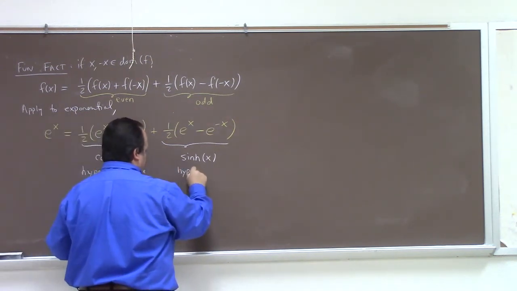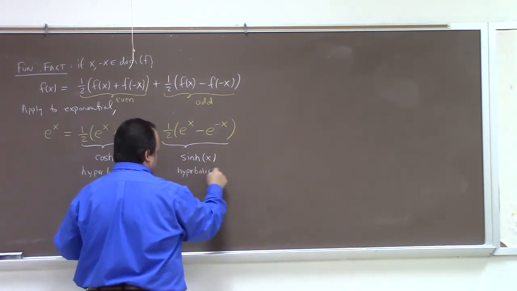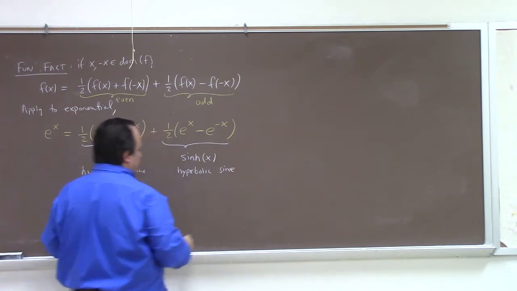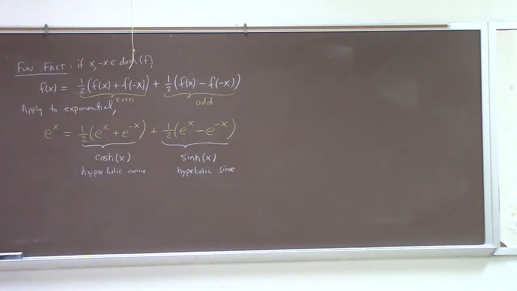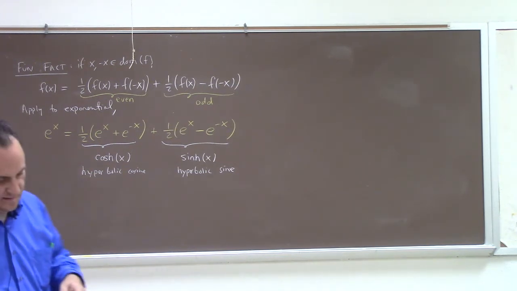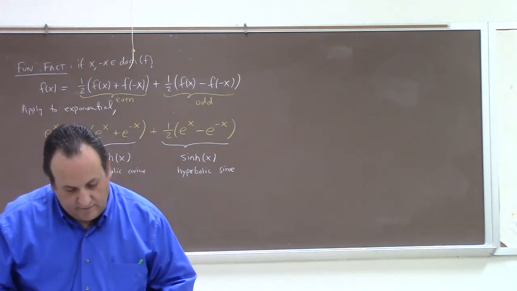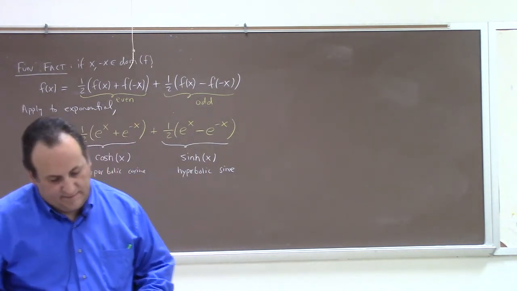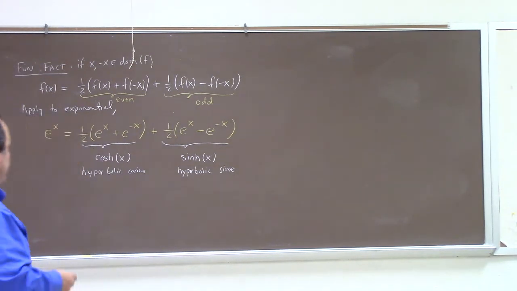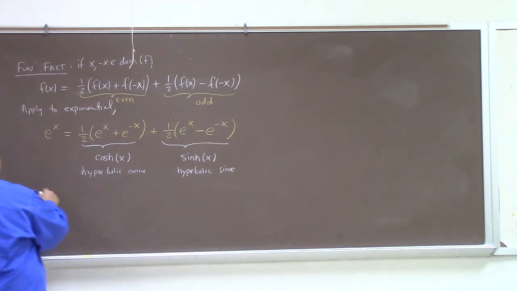Now, they're called hyperbolic sine and cosine because they're very similar to sine and cosine, but they're a little bit different. All right, so first thing, in class example 1.4.27, show that cosh squared x minus sinh squared x is equal to 1.